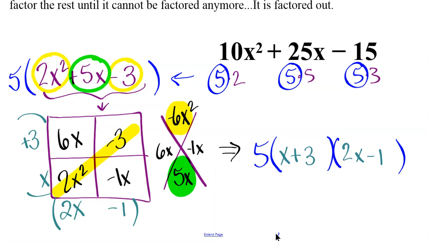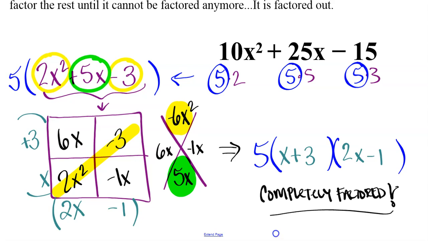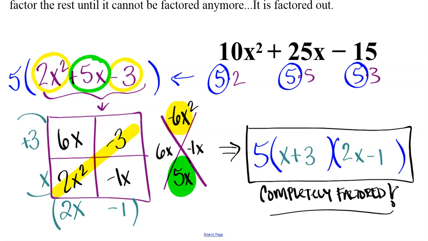And now that is completely factored. And that's what we wanted to get to. So you take the piece out, you factor what's inside, and you put all the pieces back together at the end. And that's completely factored.